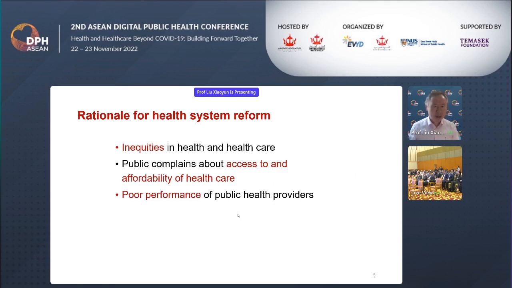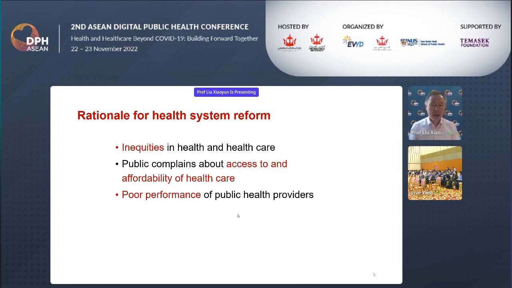With this in mind, there was severe public concern and complaints about the difficulties in access to health services, and also about the affordability of healthcare, because at that time, the majority of the population, especially the rural population, did not have any health insurance coverage to provide financial protection to them.